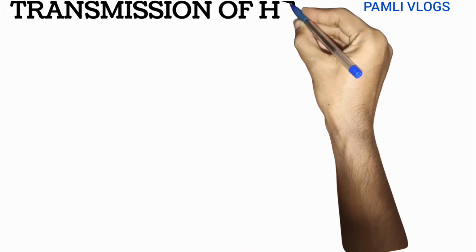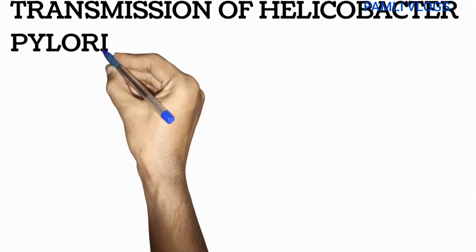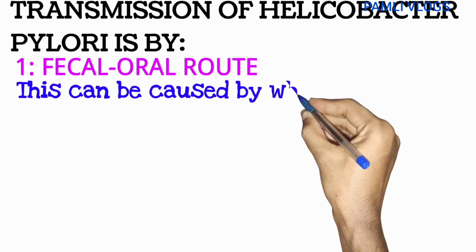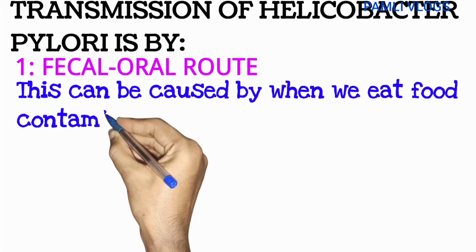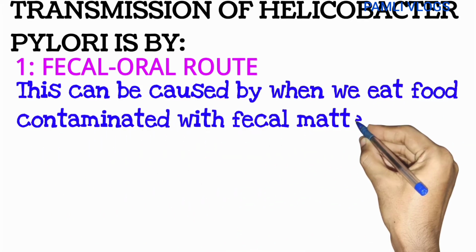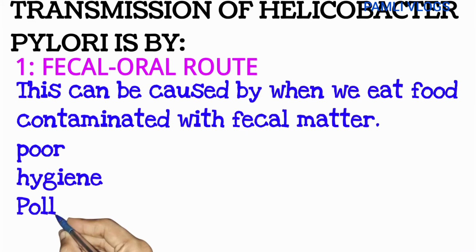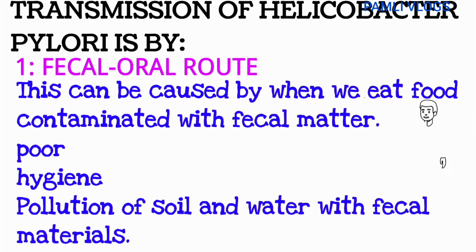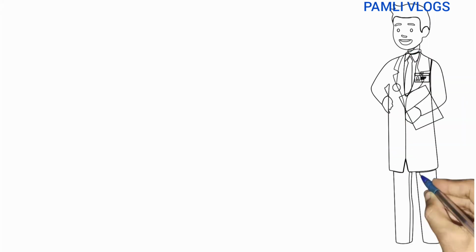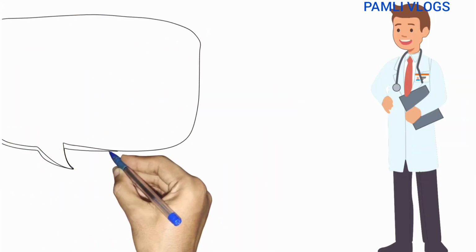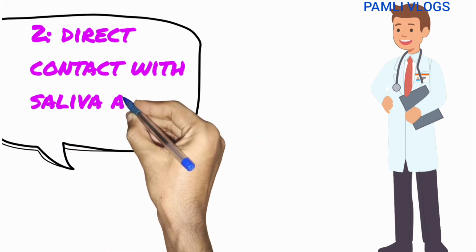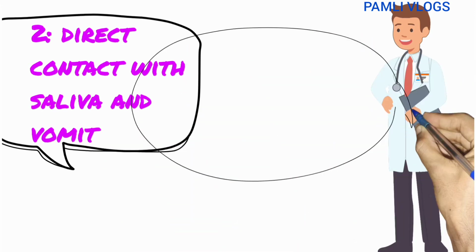Transmission of Helicobacter pylori, number 1 way is through the fecal-oral route, and this can happen when we eat food contaminated with fecal matter, poor hygiene, and pollution of soil and water with fecal materials. This is what might cause Helicobacter pylori. And number 2, we have direct contact with saliva and vomit.